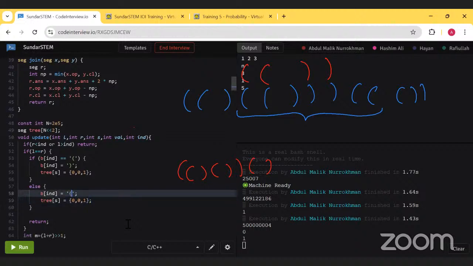Else, then we make it open and the formula become like this. Or actually, we can just make it simpler: we can just swap dot open and dot close. Okay.